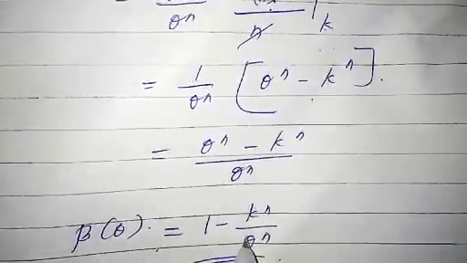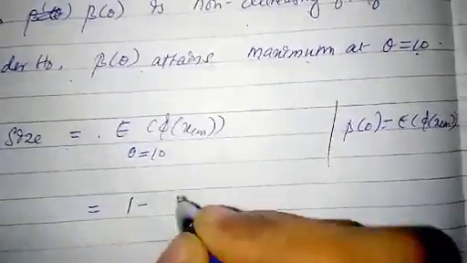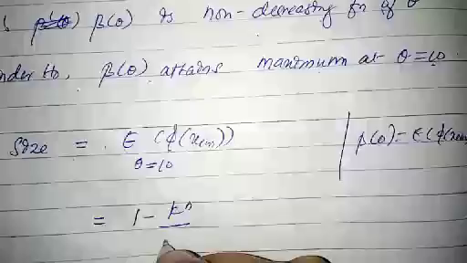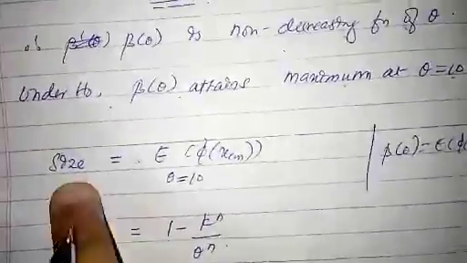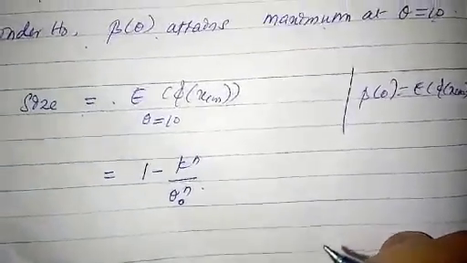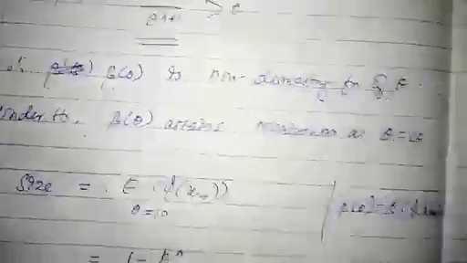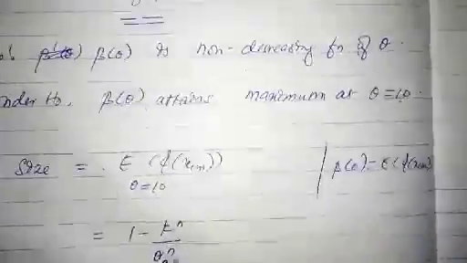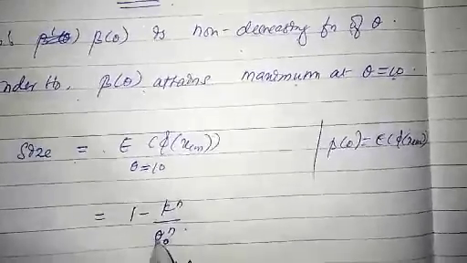Beta of theta equals 1 minus k power n divided by theta power n, right? Here size, under the null hypothesis, we can take theta naught, which is equal to 1 minus k power n divided by theta naught power n.